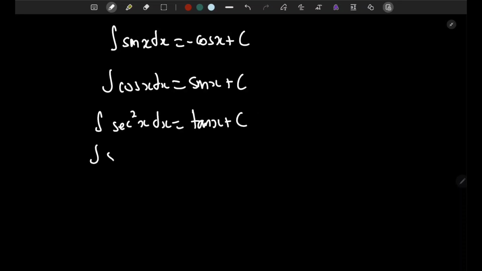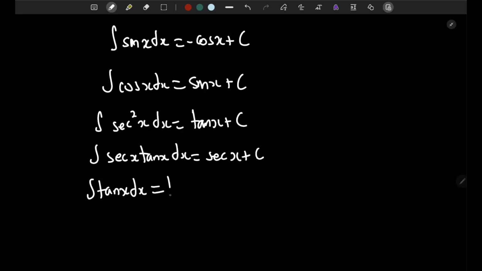Next one is the integral of secant x tan x dx, which is equal to secant x plus c. These two are not used that much, but you still need to remember them in case.